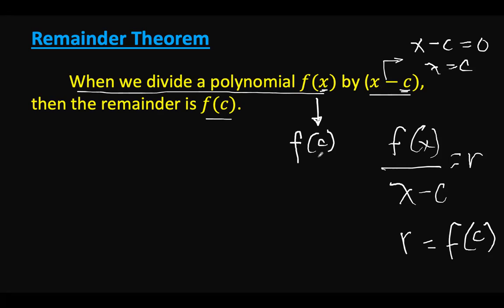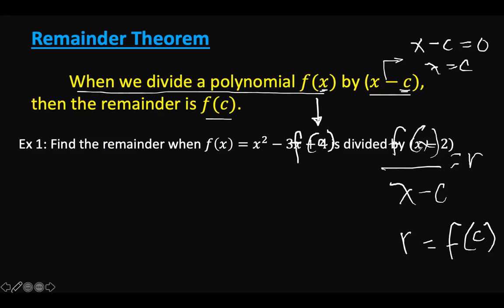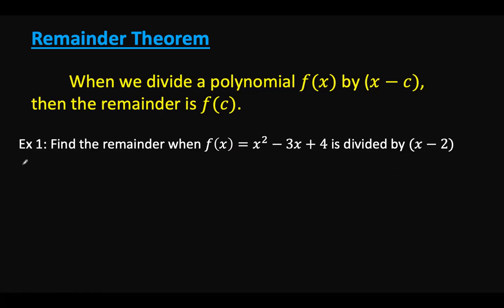So for us to easily understand the theorem, let's apply the theorem. Let me just erase everything. Here we go. In example number 1, find the remainder when f of x is equal to x squared minus 3x plus 4 is divided by the monomial x minus 2.